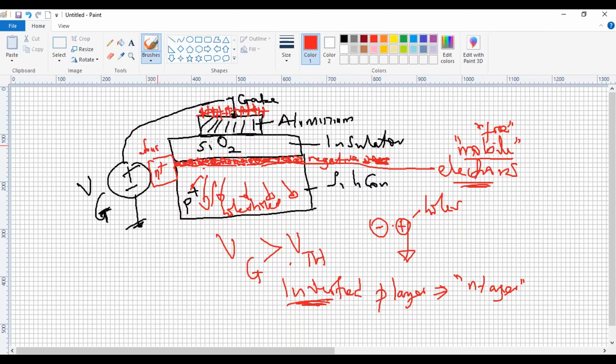So I'll connect the source this side, and then connect the drain this side. So that way I've got this small channel through which electrons can flow. So I've got this small conductor through which electrons are flowing from the source to the drain.